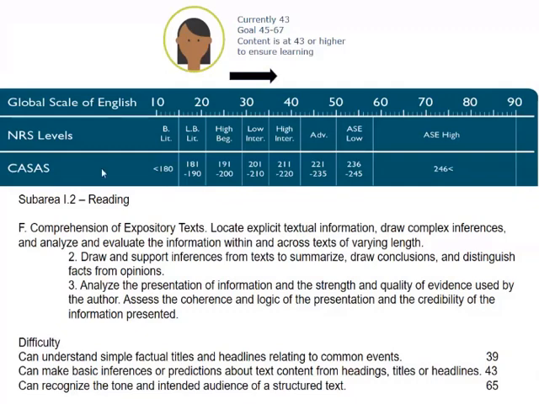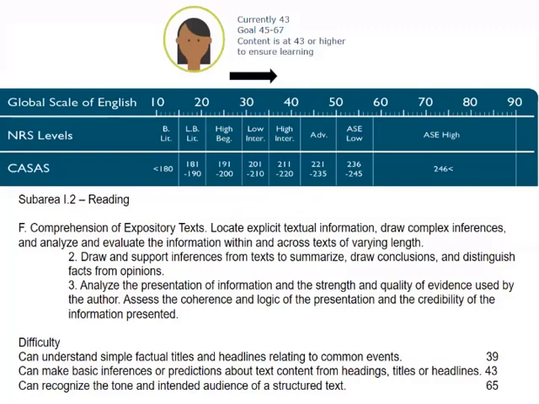So I want to plan to make sure that my content is going to be slightly above and then pushing them even further. Here for today, we're going to use, you can see here a content standard. The sub-area is reading, and I'm looking at content standard F from sub-area 1-2 or I2. And this is the comprehension of expository text. So we're going to be looking into how students draw inferences and analyze information. And specifically, we're going to look at distinguishing facts and opinions, as well as the analysis of the information and the quality of that information.